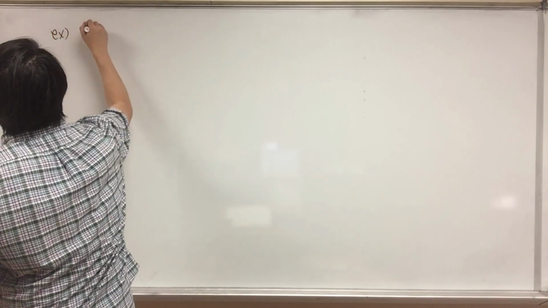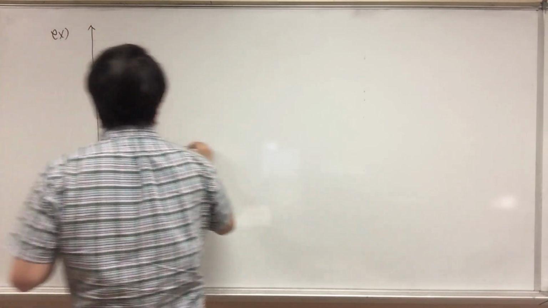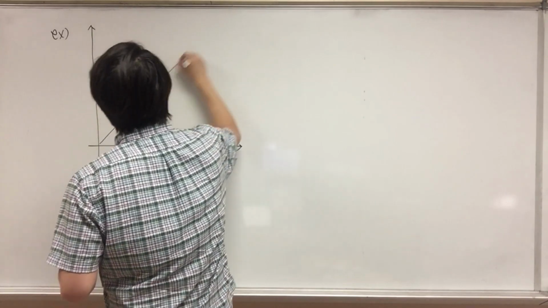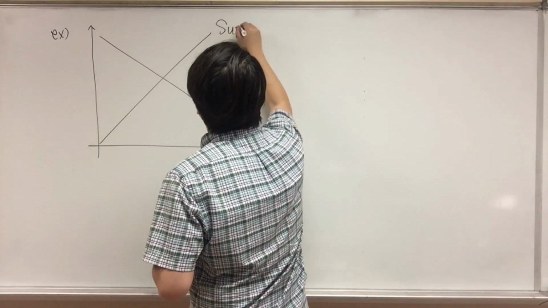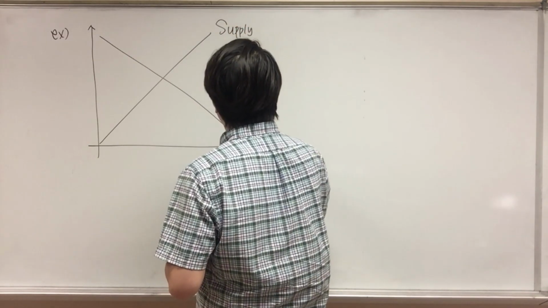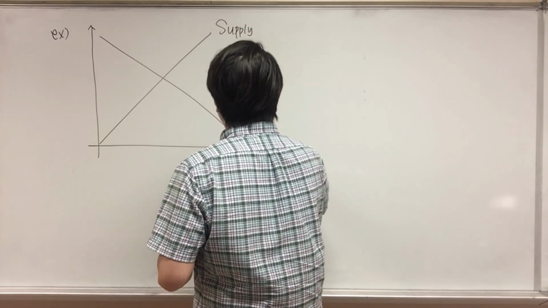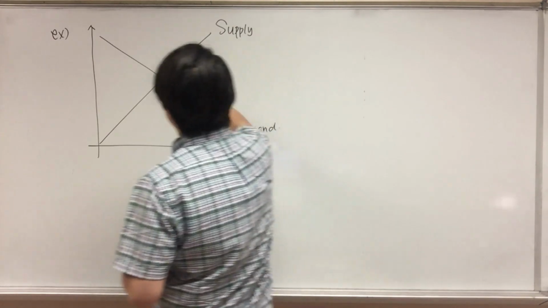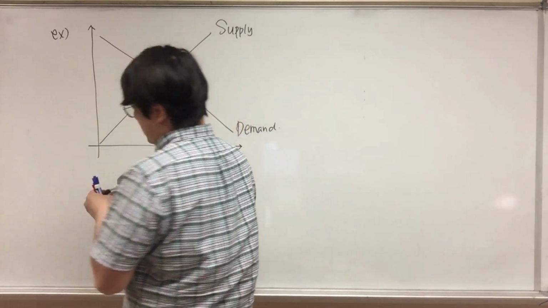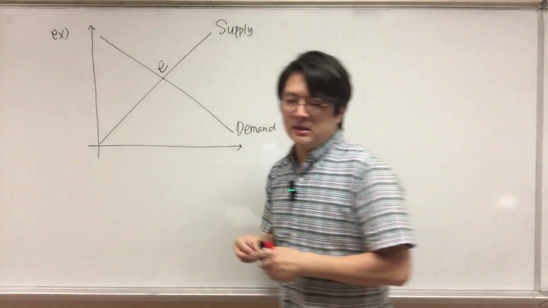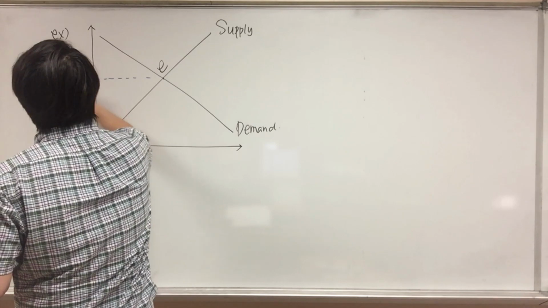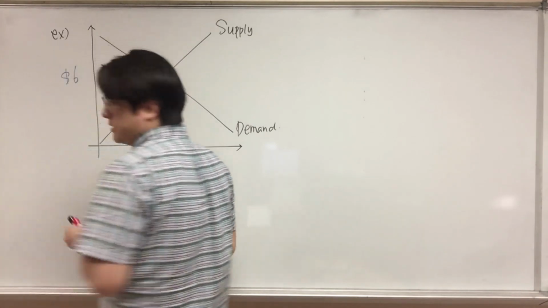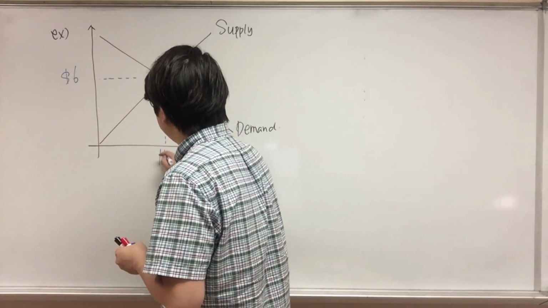Okay, here is the supply curve and here's the demand curve. And here's the equilibrium point. Let's say that the market price is $6 and market quantity is 15.